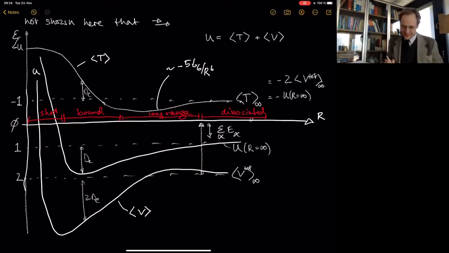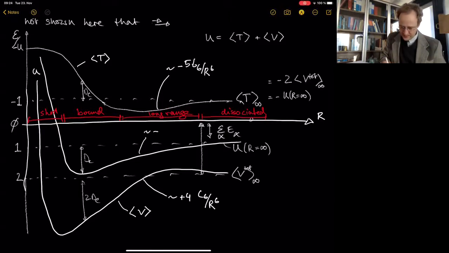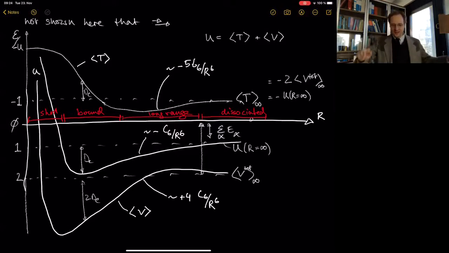And at the same time, for the potential energy, you would find +4 C6 over R to the 6, right? And so you add these two up and you get an attractive -C6 over R to the 6. That's the leftover for your total energy, right? All right.